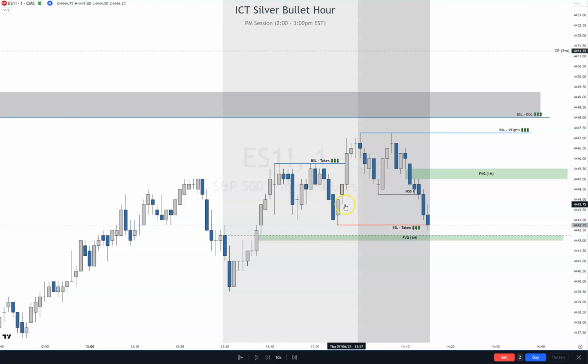This could be a seek and destroy concept here, where you've got sell side taken here, then buy side taken, sell side taken. So now I might be looking up for buy side to be taken. So if it comes up in here, I'd still probably take it, but I've got to see good clean price action. That's what I'm looking for now.